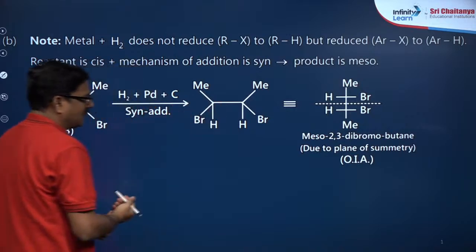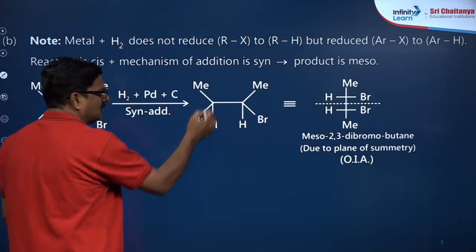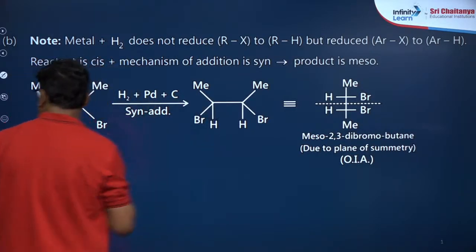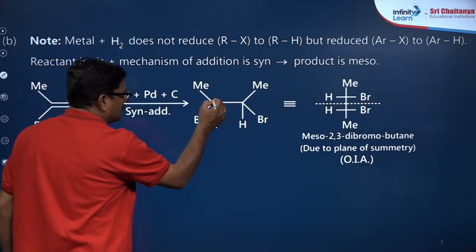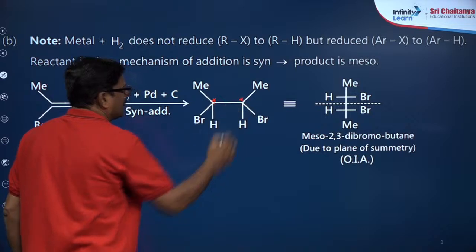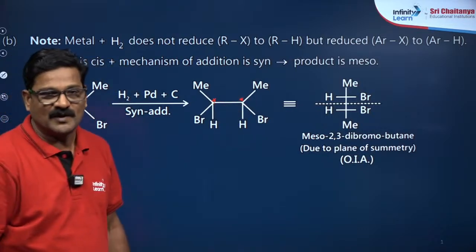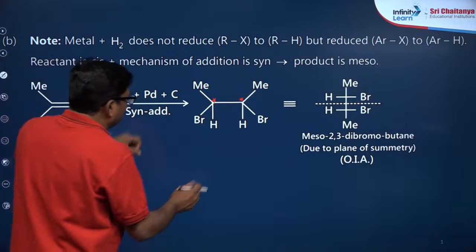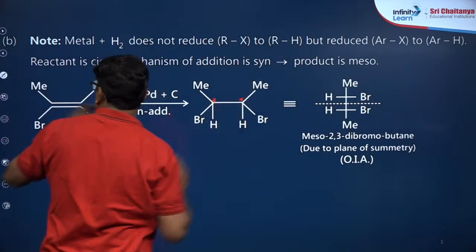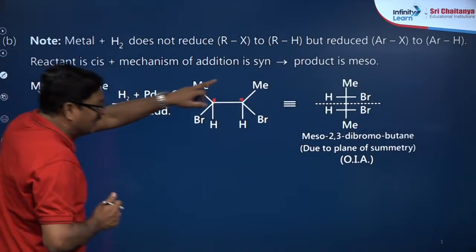This is your product. If you look at this product, this is a carbon. Look at this carbon carefully. This carbon is a stereo center. This carbon is a stereo center. Okay. So a stereoisomer is generated. So I want to take this methyl group and this methyl group in the linear way.